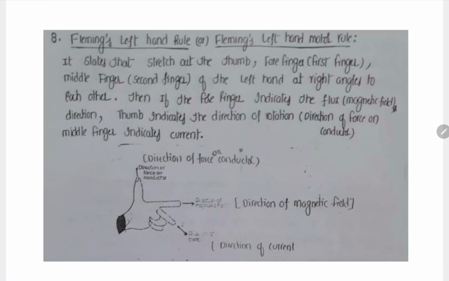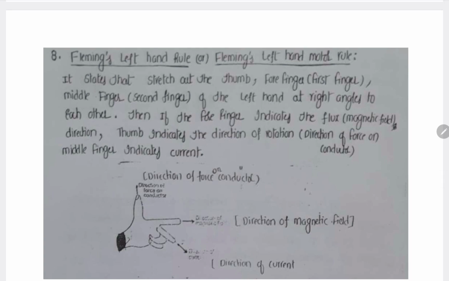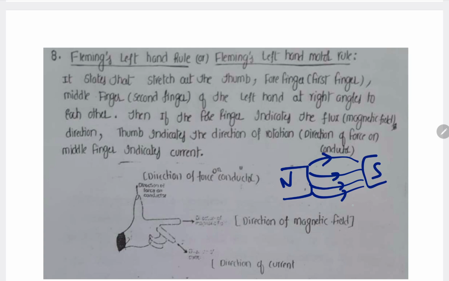Next we will start with the Fleming left hand rule. So what is the Fleming left hand rule? Before going to it, whenever a current carrying conductor is placed in a magnetic field, let us say this is north pole and this is south pole, and one conductor is placed, then force is going to be exerted on the conductor.